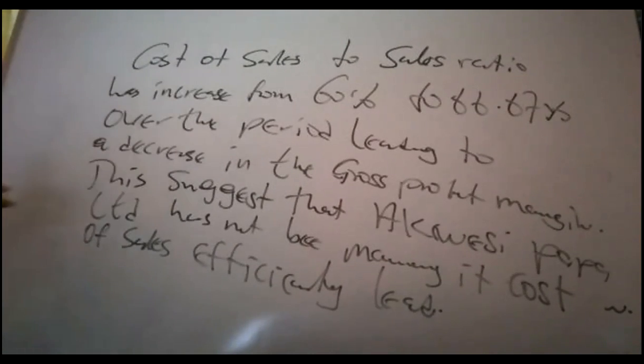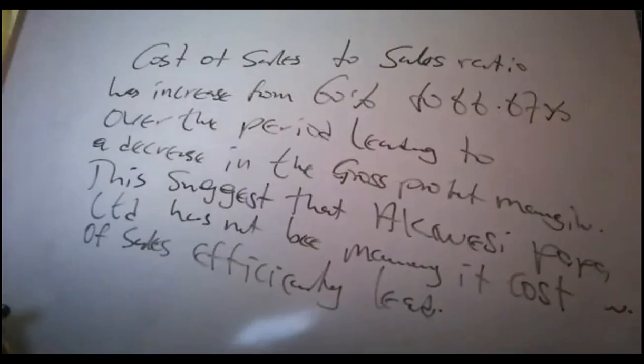So I've only talked about cost of sales and gross profit margin in one paragraph. So I'll go and pick the next one also.